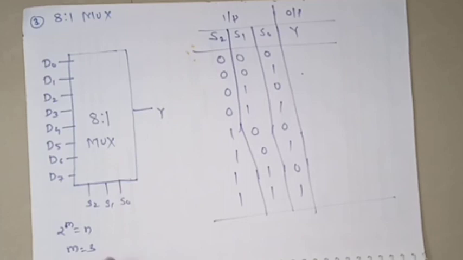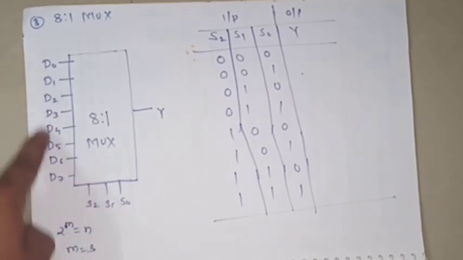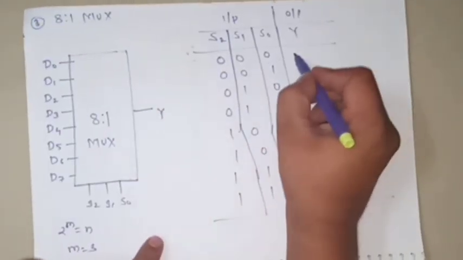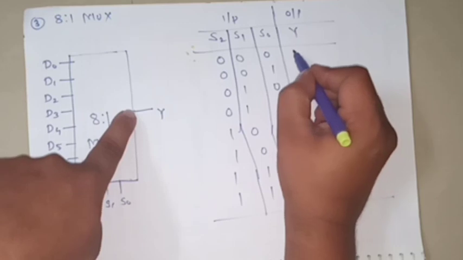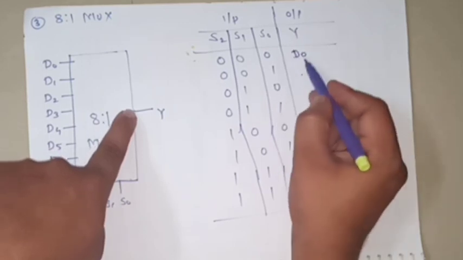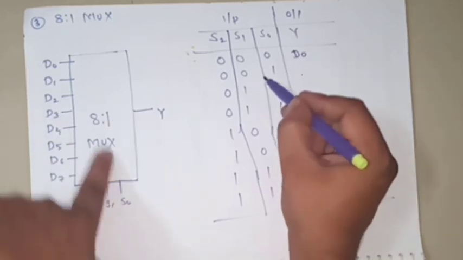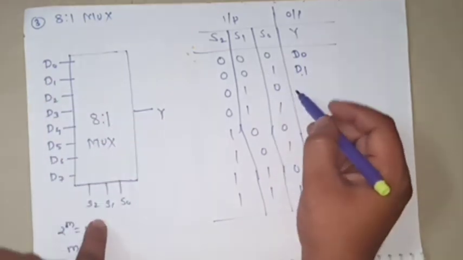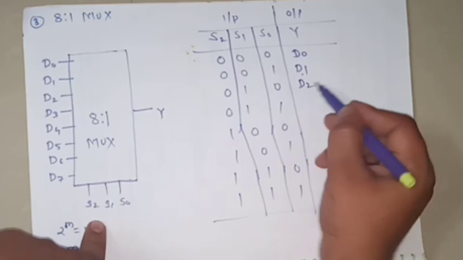Now the function of the select lines is to select any one input and connect it to the output. So for 0 0 0, D0 will connect to Y, so output Y is D0. For 0 0 1, D1 is connected to Y. For 0 1 0, D2.